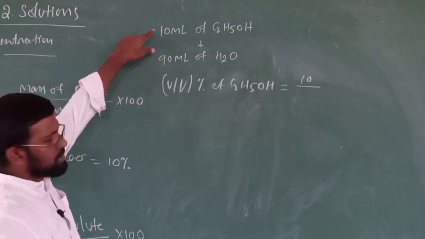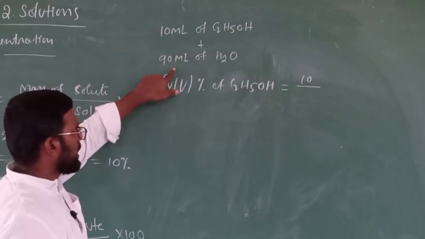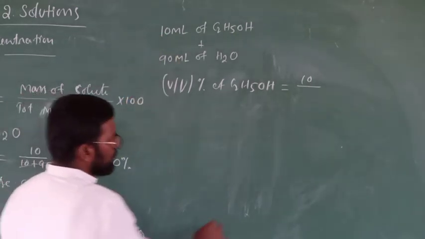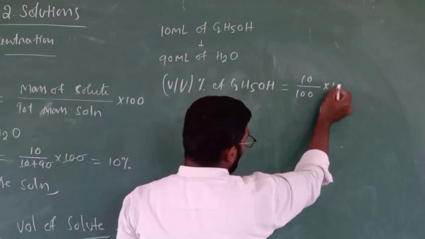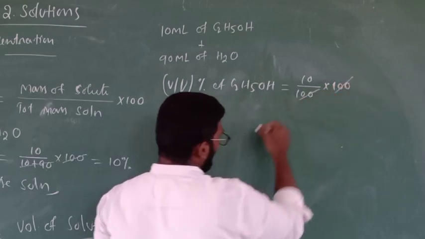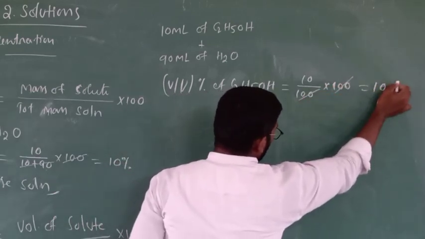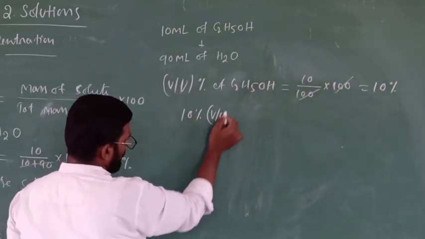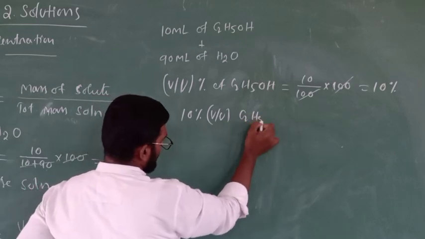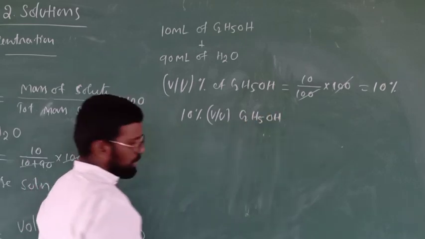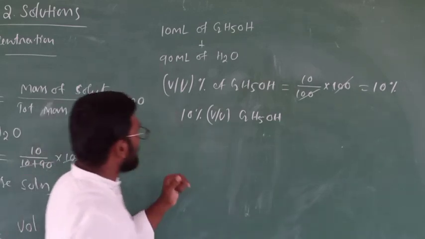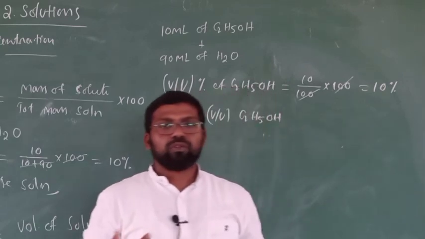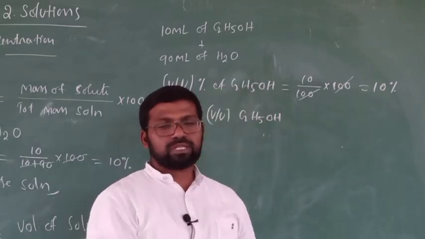The total volume is 10 ml of ethyl alcohol plus 90 ml of water, meaning solute is 10 ml, solvent is 90 ml, total 100 ml, into 100. The 100s get cancelled, we get 10%. So the solution is called a 10% volume by volume ethyl alcohol solution, an alcoholic solution. That's all, very simple. Here I have taken the values 10 and 90 just for easy calculations. You can use other values also and you will get the respective answer.